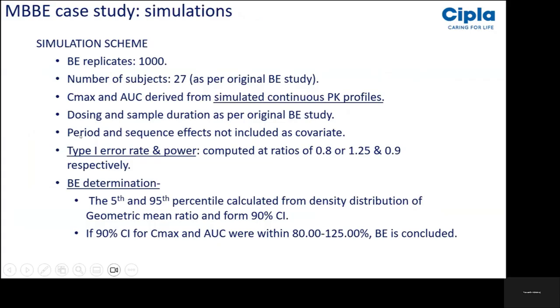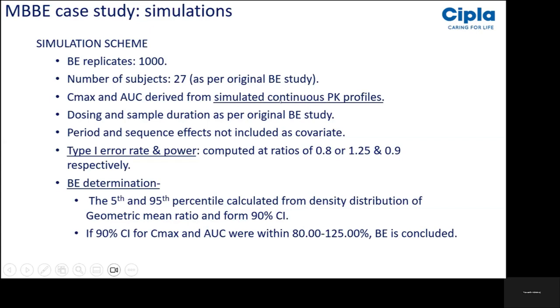Coming to the simulation scheme, as outlined by the BE framework, the model-based bioequivalence framework, we did 1,000 BE replicates, and the number of subjects was fixed to 27 as per the original BE study. The Cmax and AUCs were derived from the simulated continuous PK profile.